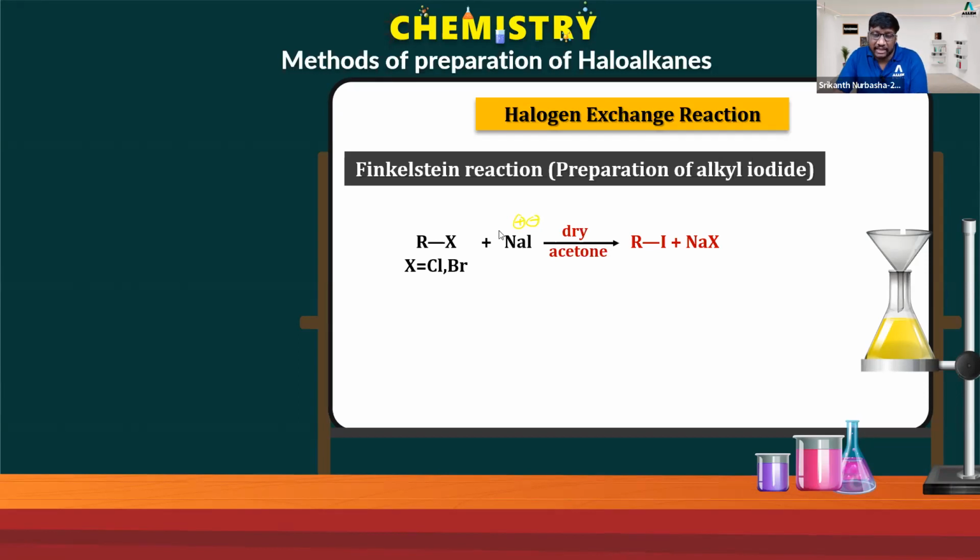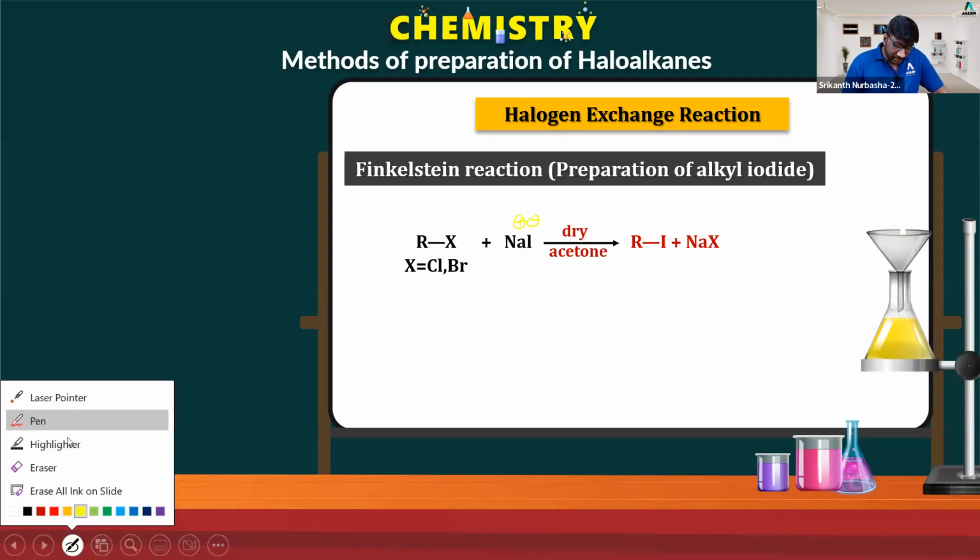Whereas the Cl minus and Br minus which are formed are going to be surrounded by water molecules, right? That is why they are not going to attack the alkyl halide again to form the respective alkyl chloride. That is the importance of this reaction. It is not about nucleophilicity alone, it is about solubility.